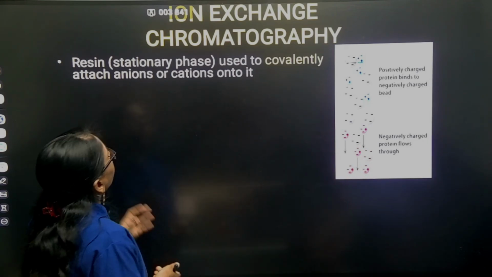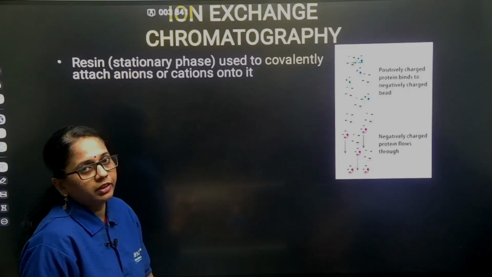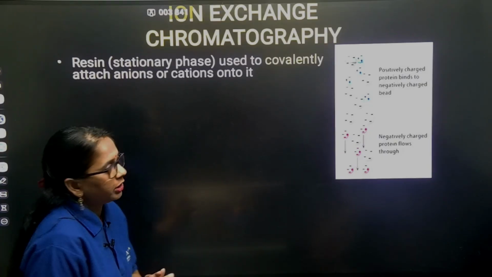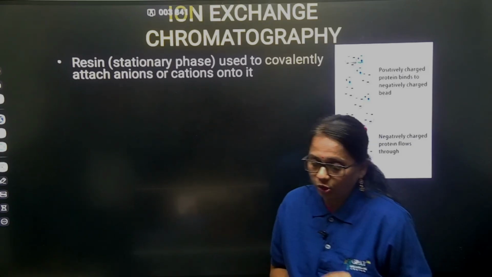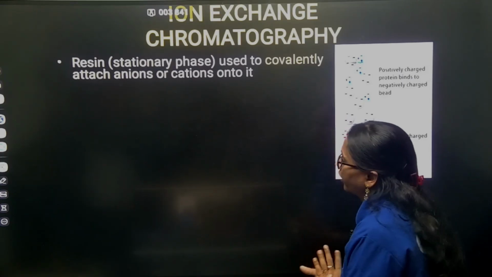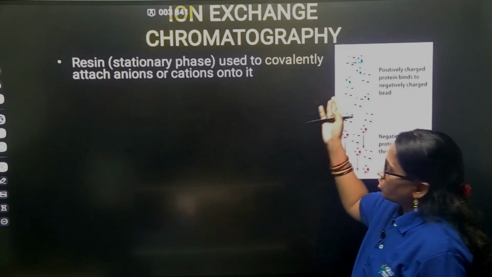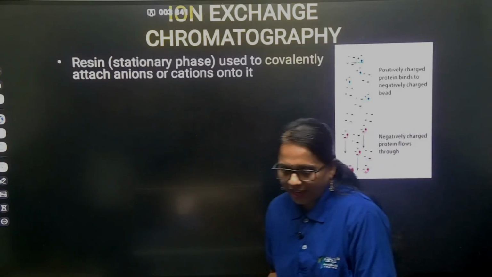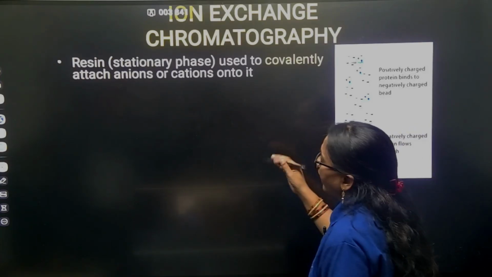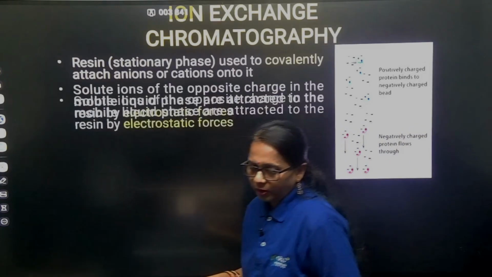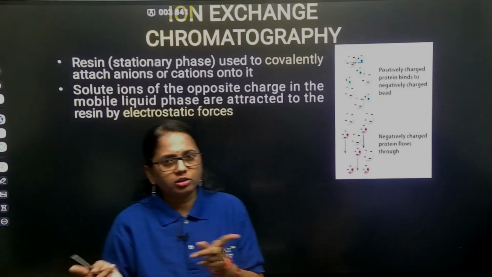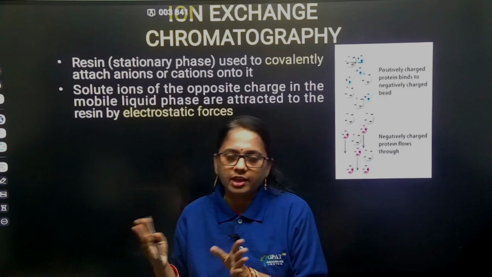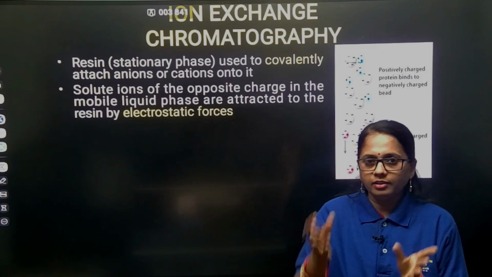Whenever you observe ion exchange chromatography, that means exchange of the ions is taking place. The resin, the stationary phase we are going to use, is very important. The resin stationary phase is used to covalently attach these anions or cations onto it. Majorly, the exchange of ions, anions with anions and cations with cations, is already occurring in the resinous material.